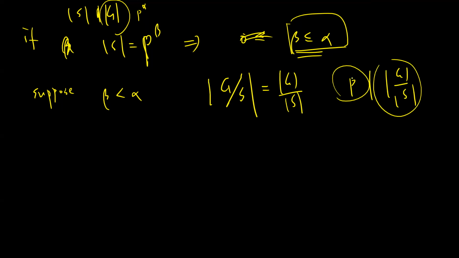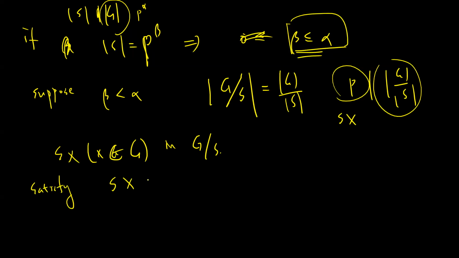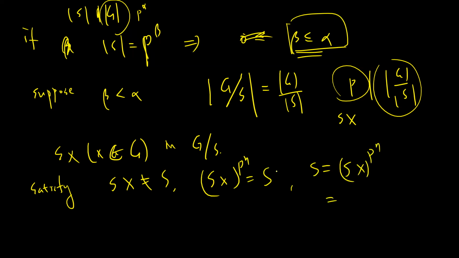So that means there's an element, let's use x, Sx, with x belonging to G in the quotient G/S, satisfying that Sx is not S, and (Sx)^(P^n) will be S. But I know that S is (Sx)^(P^n); I just write down the same thing.